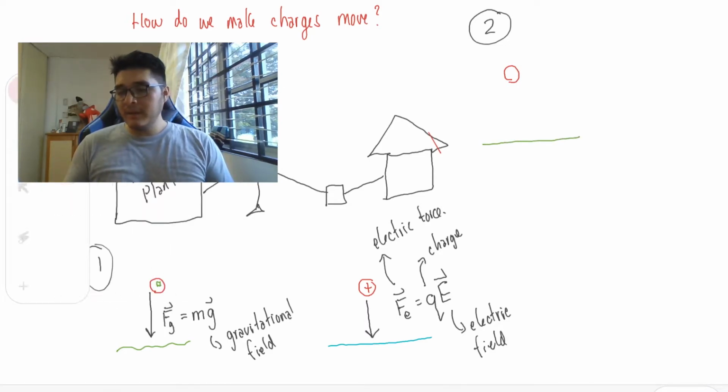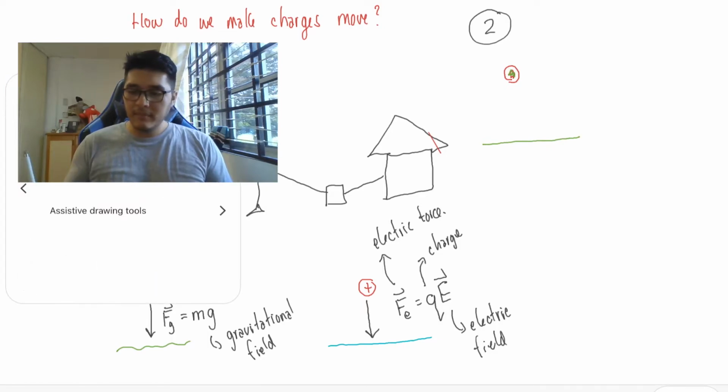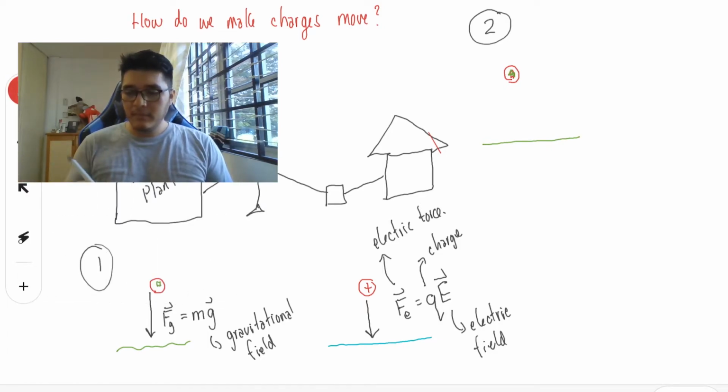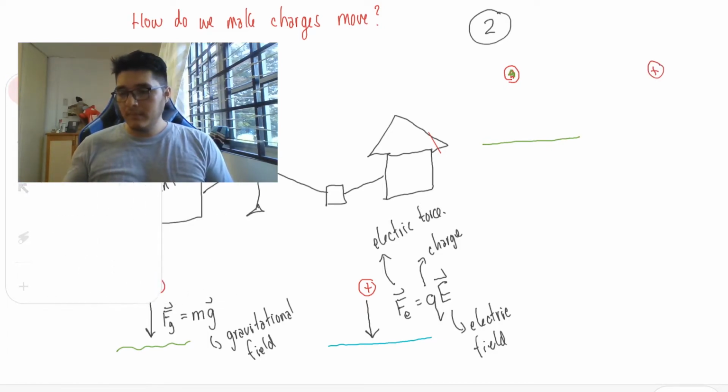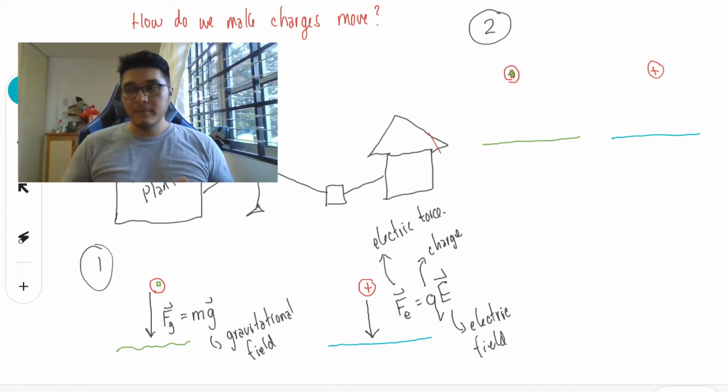How can we explain the apple falling due to energy changes? Potential energy becomes kinetic.